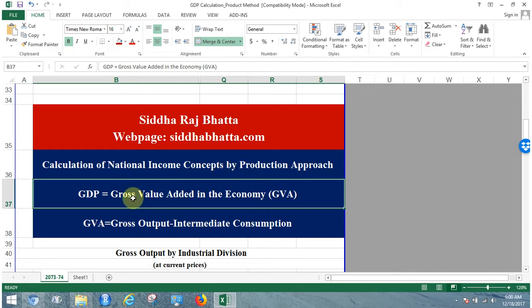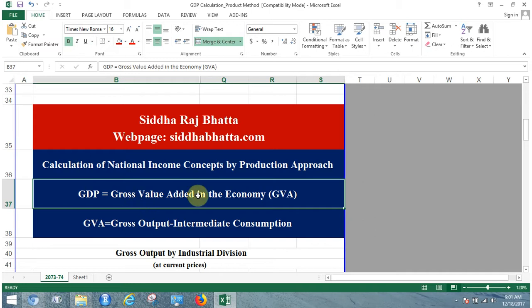So, according to the production approach, the gross domestic product of an economy is simply the total value of final goods and services produced. It can be measured by using the value added approach. So GDP equals the gross value added in the economy.